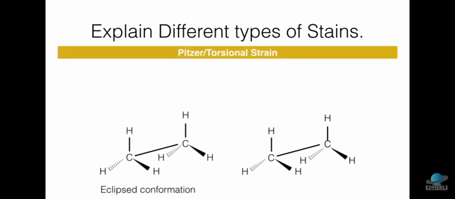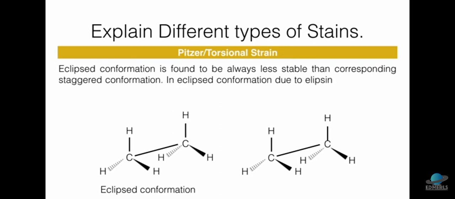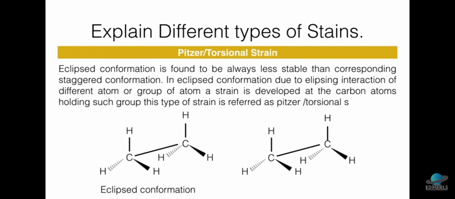Next is Pitzer or torsional strain. Eclipsed conformation is always found to be less stable than the corresponding staggered conformation. In eclipsed conformation, due to eclipsing interaction of different atoms or groups of atoms, a strain is developed at the carbon atoms holding such groups. This type of strain is referred to as Pitzer or torsional strain.